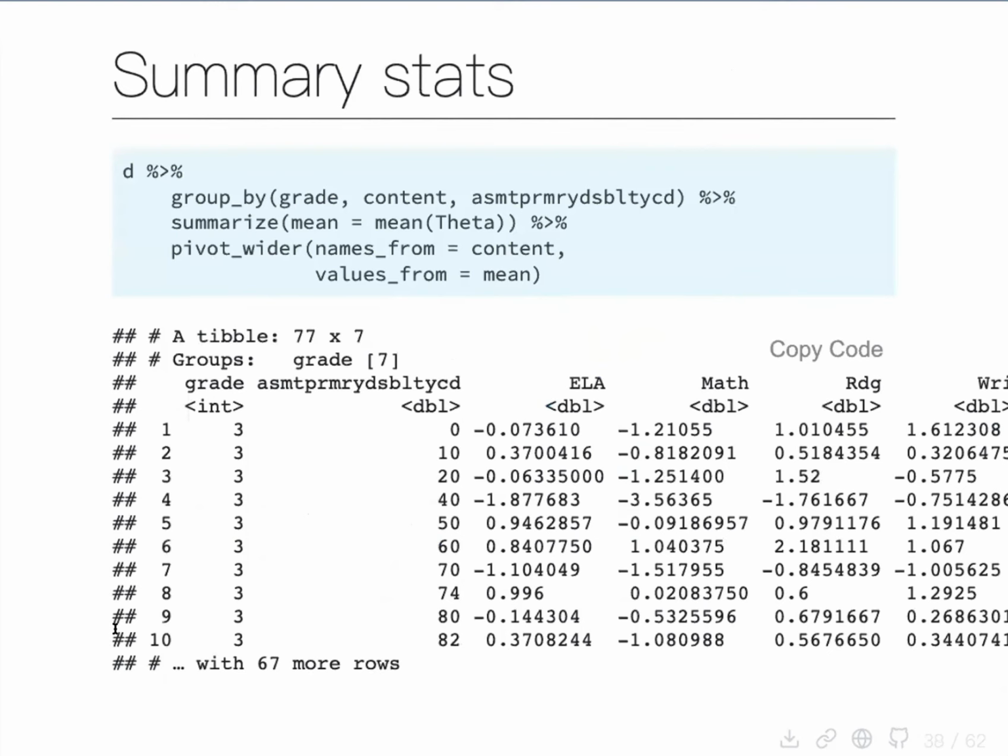So group by grade, content area, and primary disability. These are all simulated data, so they're not real. And then calculate the mean, and then pivot wider. So now we have, here's for grade 3, for this primary disability, here's the means across subjects, across content areas, right? For this disability, there's those means, etc.